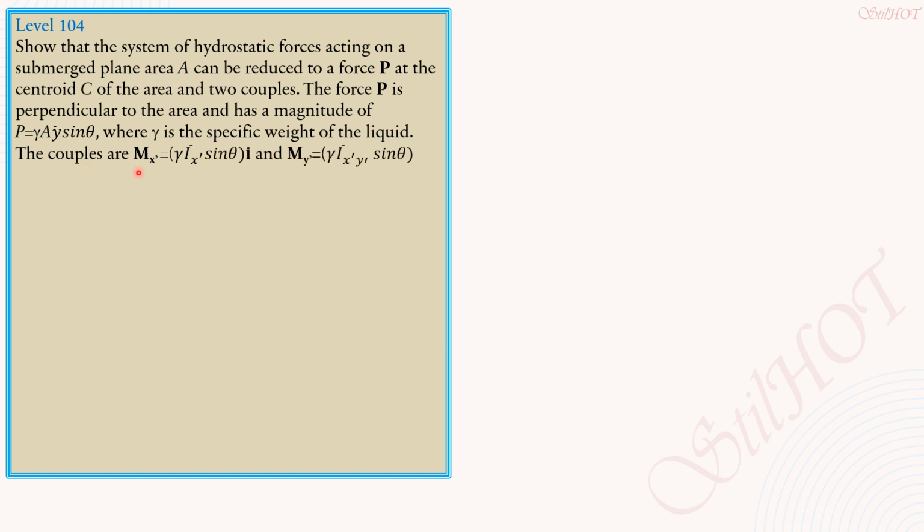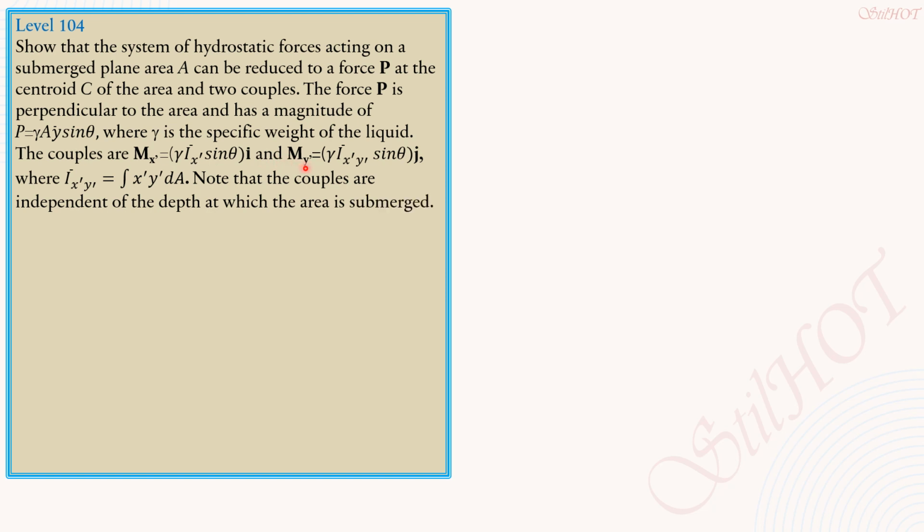The couples are the x component, Mx prime, which is gamma I x bar prime sine theta. Then the y prime component is gamma I x bar prime y prime times sine theta, where I x bar prime y prime is the integral of x prime y prime dA. Note that the couples are independent of the depth at which the area is submerged.